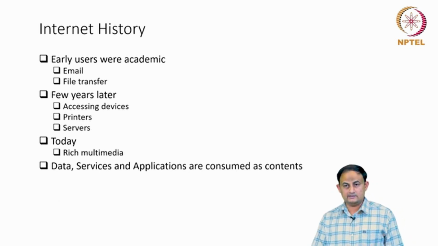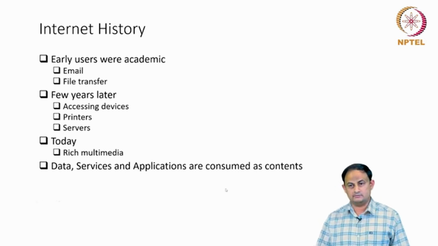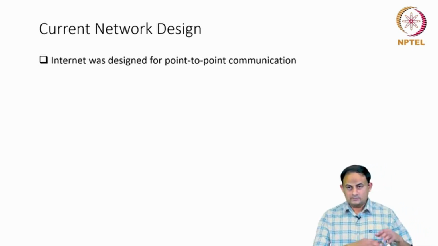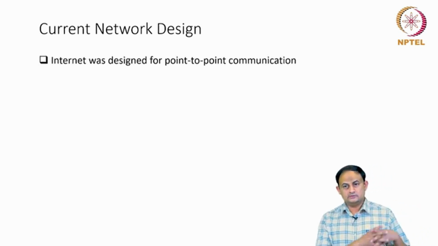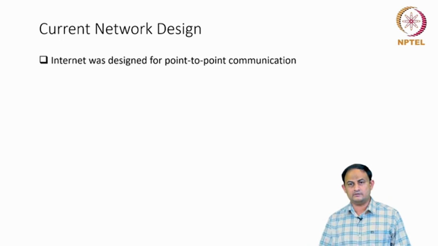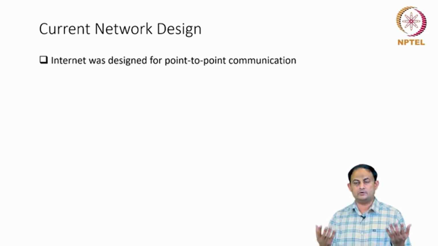So how exactly does this pose a challenge for designers and distribution? That is the question. Keeping those two applications in mind, the internet, or the computer network, was primarily designed for point-to-point communication.